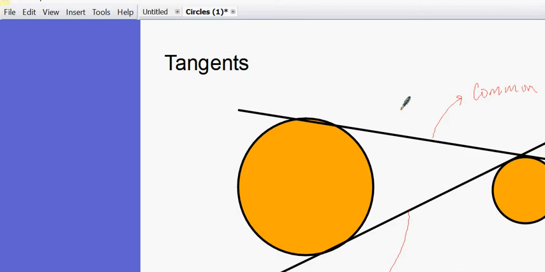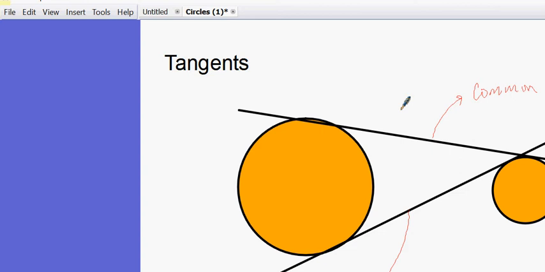Okay, so the next little segment here has to do with tangents. Now, the relationship of tangents to 2 circles comes in a couple of different forms. First of all, we've got what we call a common external tangent. External means it's on the outside of the circles.